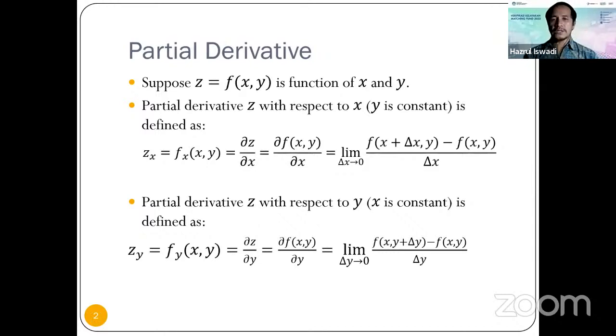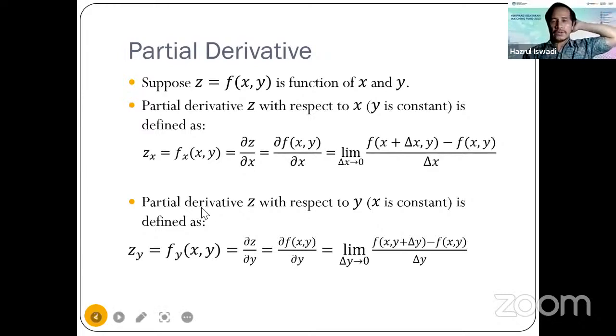What is ∂z/∂x? It is the derivative with respect to x, and the other variable is considered a constant. In this case, y is a constant.